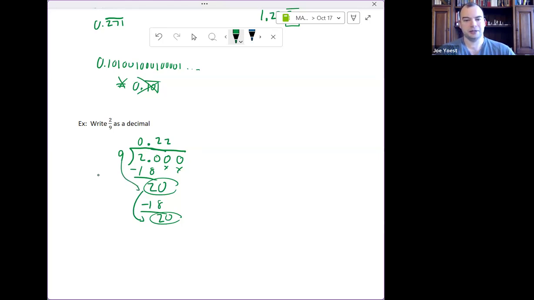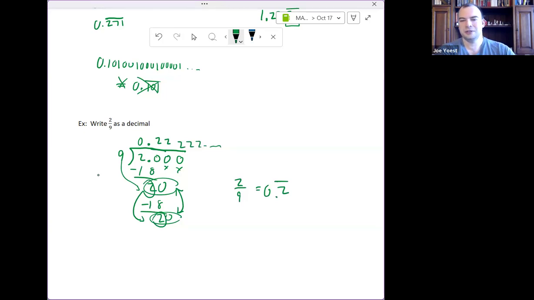And then I ended up with a remainder of 2 that led to another 20. Clearly, this is going to repeat forever. If I end up with two consecutive remainders that are the same, remainder of 2 here, remainder of 2 there, this will go on forever. So 2/9 is 0.2, and that 2 is what's repeating.